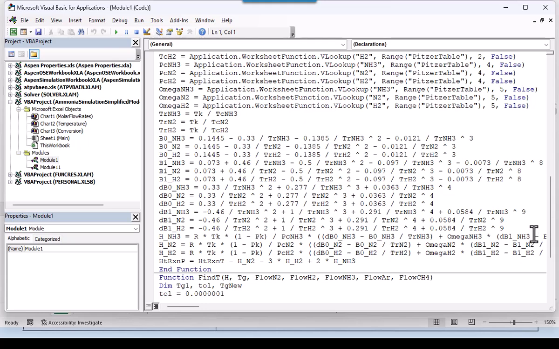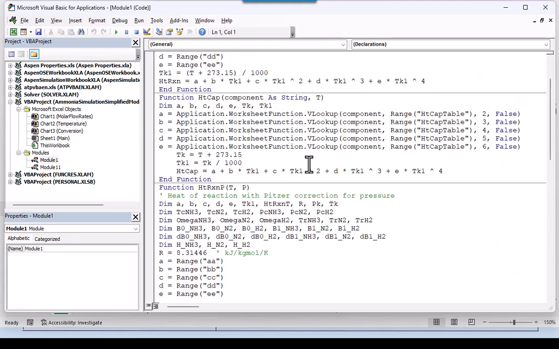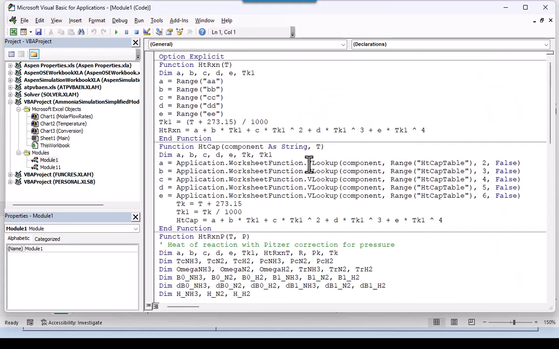And then we eventually get down to the point where we're able to get the heat of reaction, including pressure, by doing the one with temperature, and then including the values for the pressure sensitive enthalpy with the appropriate stoichiometric coefficients. Okay? So that's what we have there, and that's what's necessary to solve this particular model.